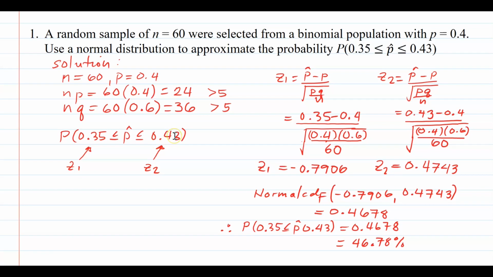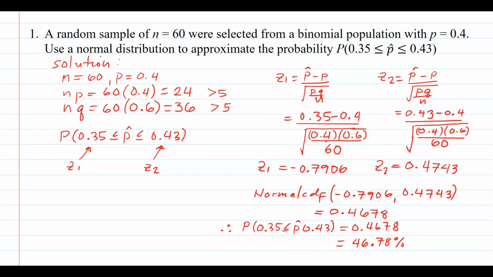For the other value of p hat, 0.43, we will convert this into a z value and call it z2. For our z1, the formula is p hat minus p divided by the square root of pq over n. Our p hat is 0.35, our p is 0.4, and we divide by the square root of 0.4 times 0.6 over 60.